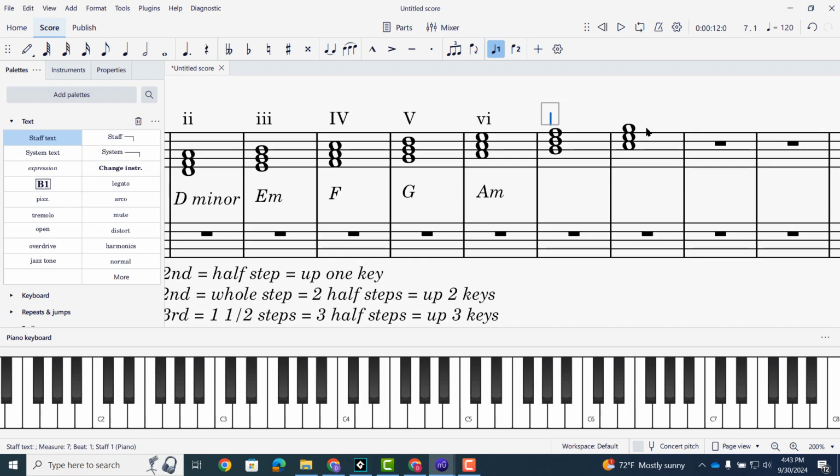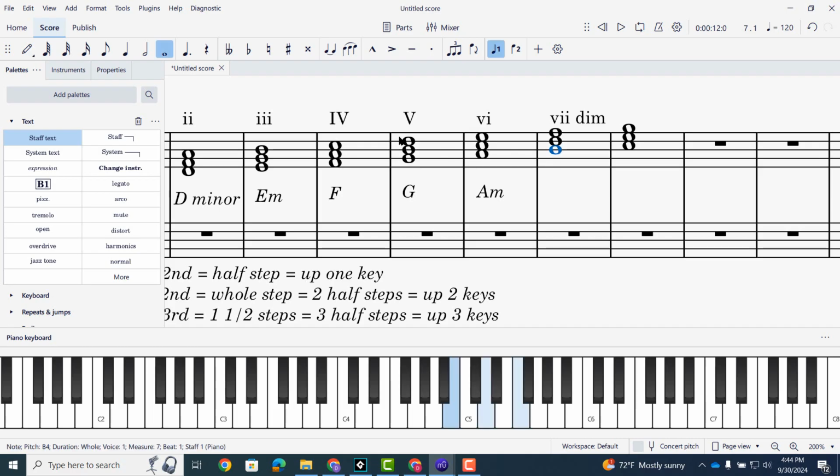A little tiny circle looks like a degree sign, but we can say a 7, and then the word dim. So it's a diminished seventh chord. Use lowercase for that. Usually put a little circle here, or maybe a half circle with a slash through it if it's a minor 7 flat 5, but here we're just saying dim for diminished.